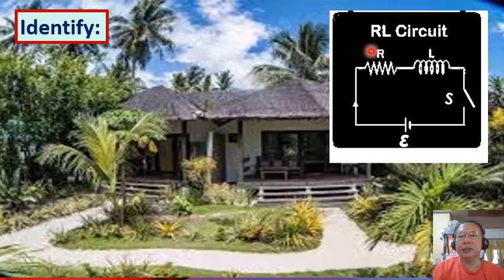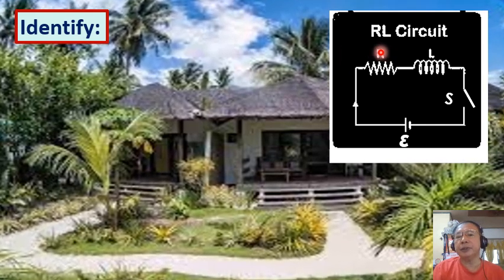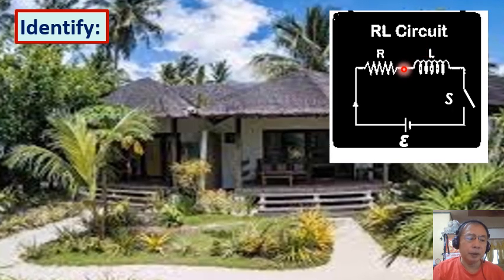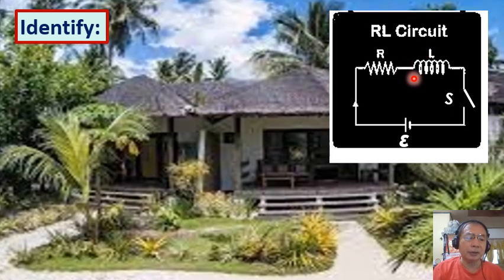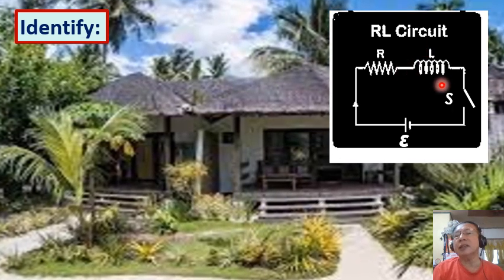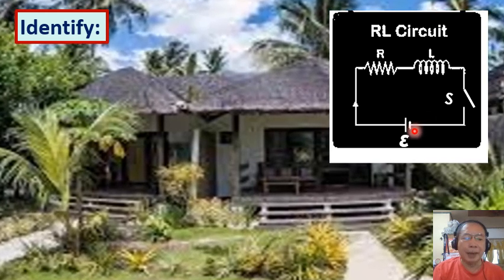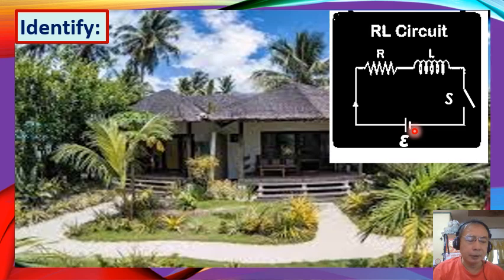An RL circuit, or resistor inductor circuit, refers to a resistor and an inductor or coil connected in series with an EMF source such as a battery, right?